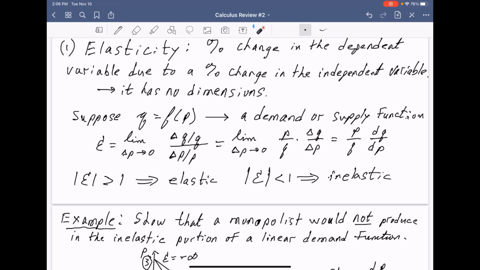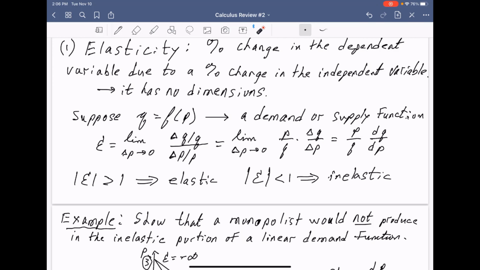Now, this part here can be rewritten as P over Q times delta Q over delta P. And you should immediately recognize that this delta Q over delta P is a slope. But in this case, Q is on the horizontal axis, pardon me, P is on the vertical axis. So what you've basically got is 1 over the slope of the supply or the demand curve.